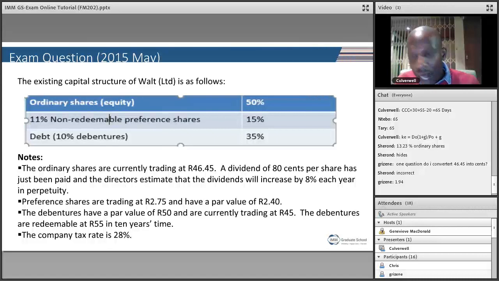I actually finalized mine now. 1.94, not necessarily, guys. Can you retry it one more time and then I'll be in a position to move?